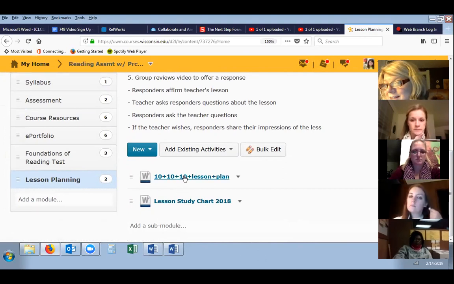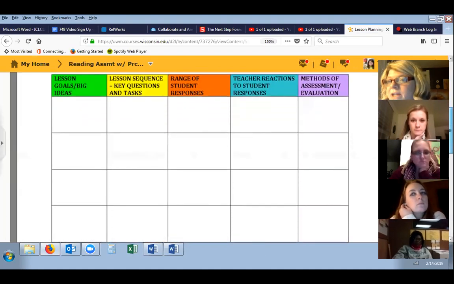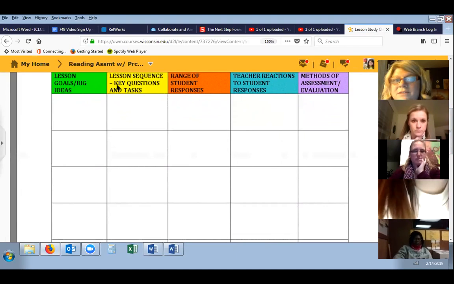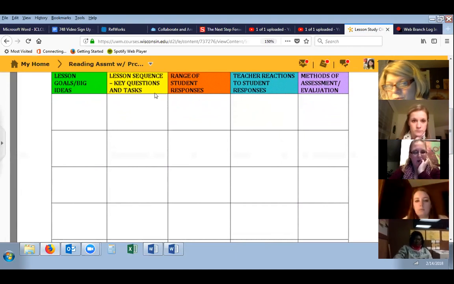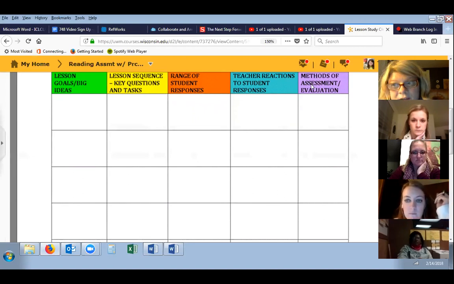And you've got your 10-10-10 lessons, but your lesson study chart is what you're going to be looking at to look at the two lessons that are coming up, and think of the big goal, the big ideas you want to accomplish this week, the lesson sequences, key questions and tasks that you'll need to be involved in, and then methods of assessment and evaluation. Basically, what are you looking for, and what do you want your students to do and behaviors to produce in the lesson?